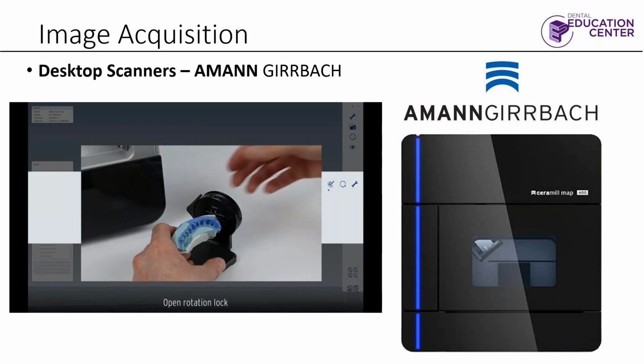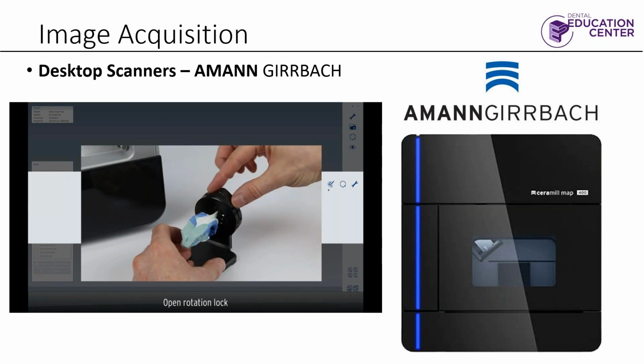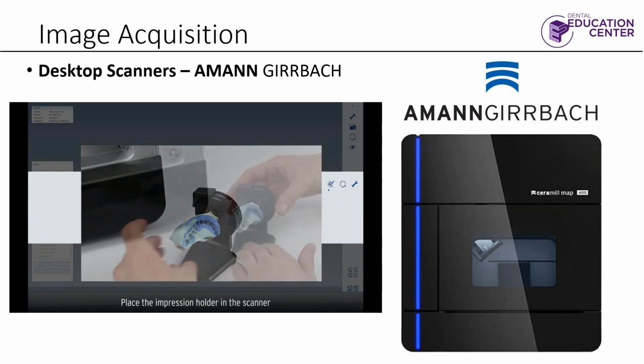So you would take the impression normally. This is obviously triple tray. Then you would put it in this holder, and then the holder would be put into the scanner to scan.